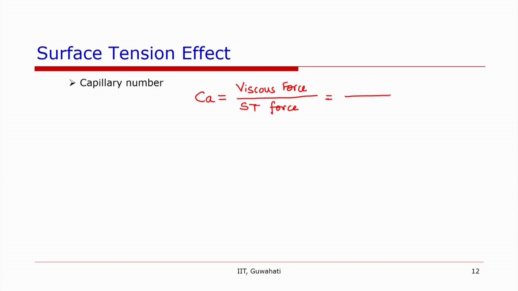So, for example, viscous stress is given by mu u by d, and surface tension generated stress is sigma over d. So, this will be mu u over sigma.